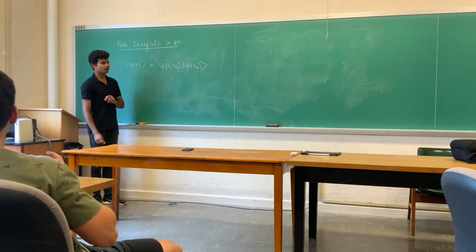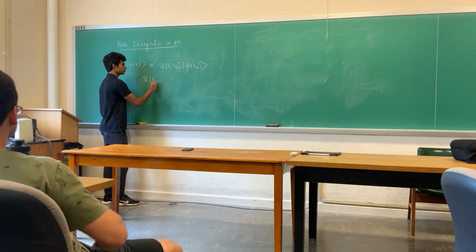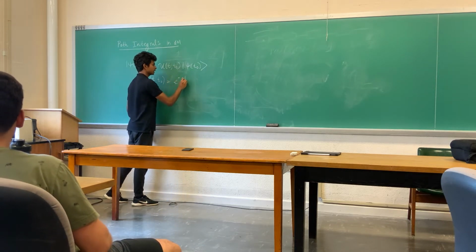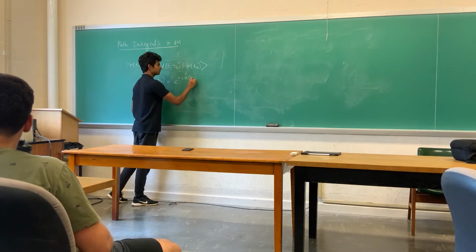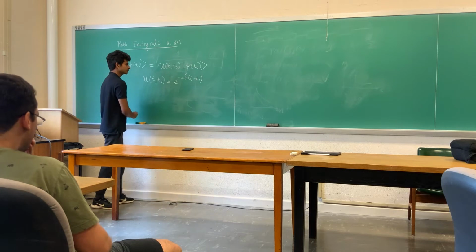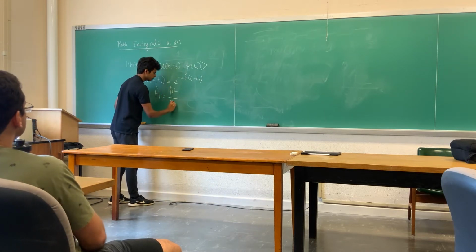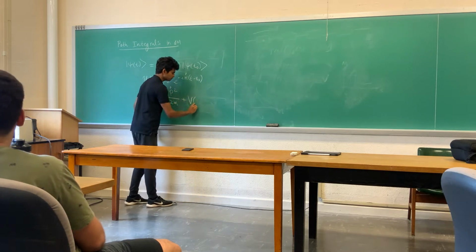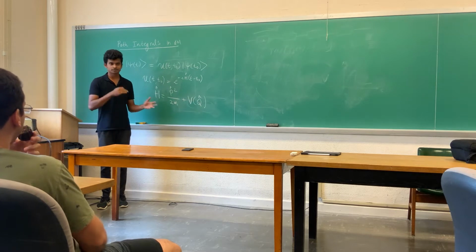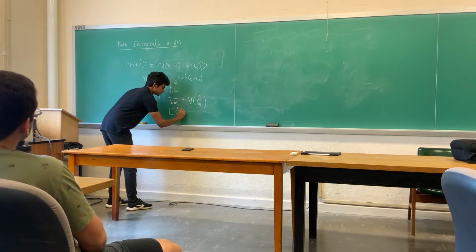If you have a system with a time independent Hamiltonian, the time evolution operator is nothing but e to the minus i H t. The typical example of a Hamiltonian would be P squared plus a potential, and P and Q are the canonically conjugate variables that obey this.